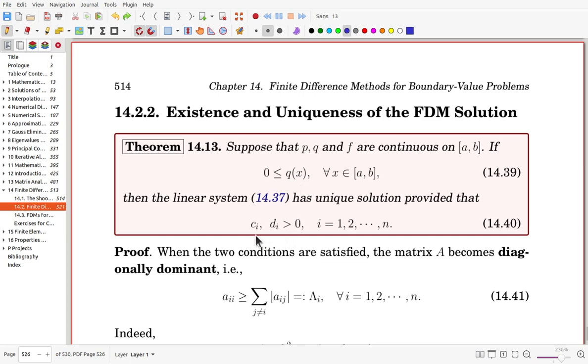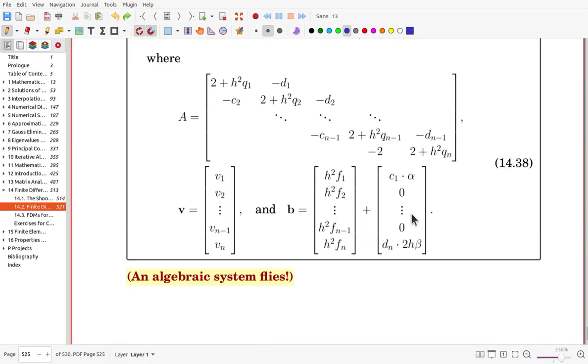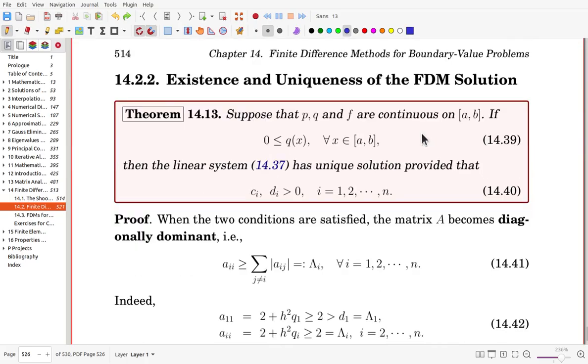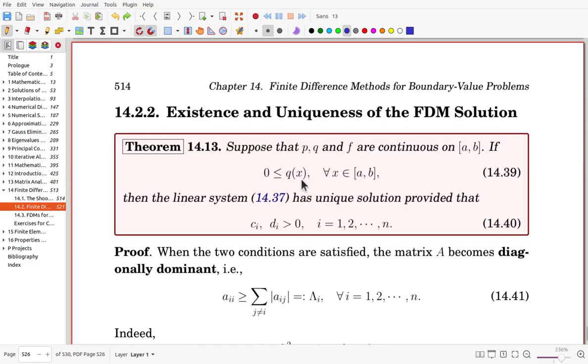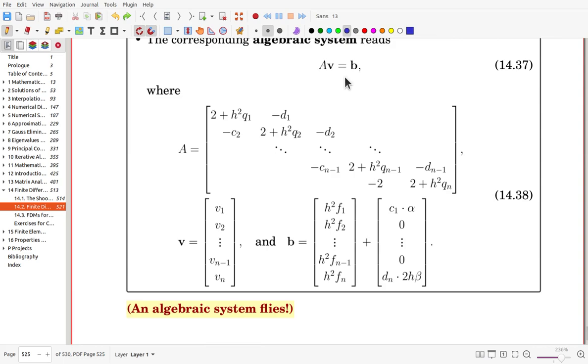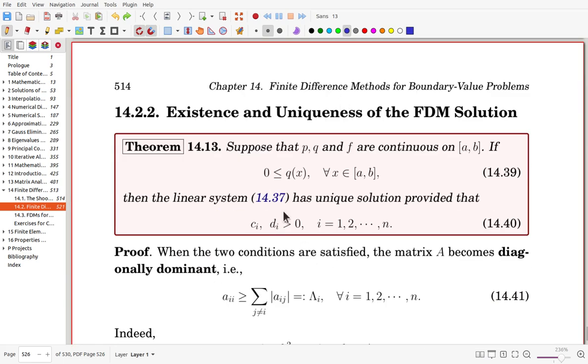And then the values c and d are positive. These are involved in this algebraic system. We assume these are positive. Then the linear system AV equals B has a unique solution.